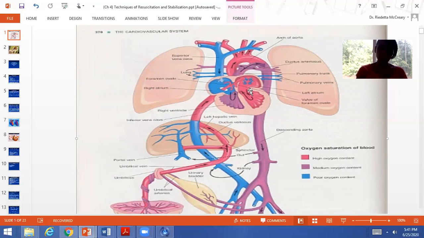or once the baby comes out and is in our atmosphere, the left side of the heart is under more pressure than the right. So it's opposite of what's going on when they're in the womb. As a fetus, the right side of the heart has a higher pressure than the left side of the heart.